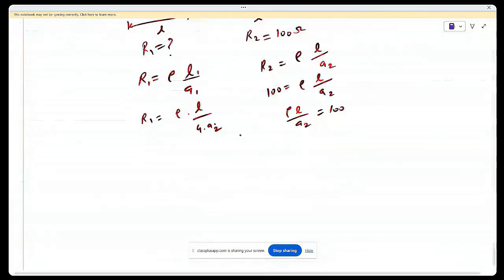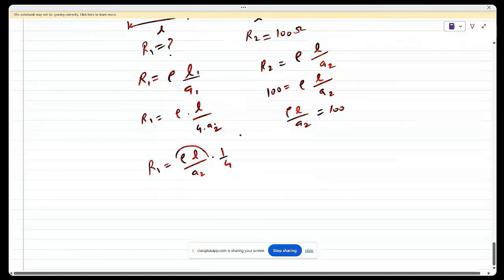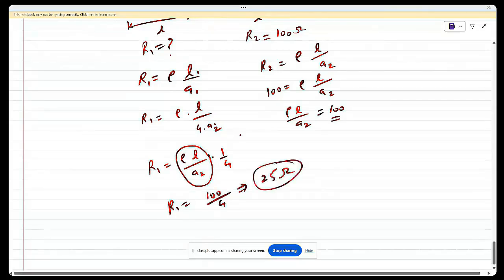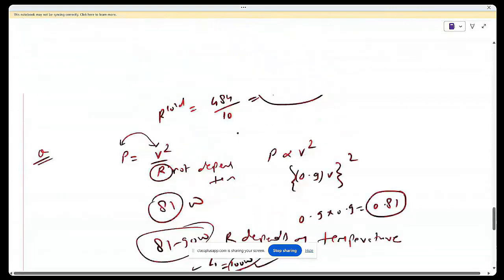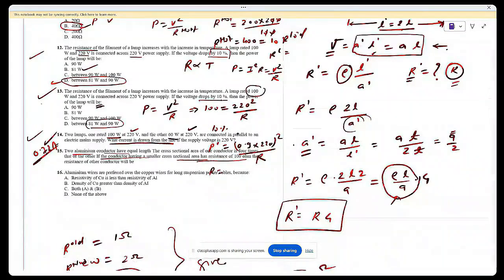For R1 you can write rho L upon A2 into 1 upon 4. And in place of this rho L upon A2, you can place this 100 by 4. So R1 will be 25 ohm. The answer will be 25 ohm.